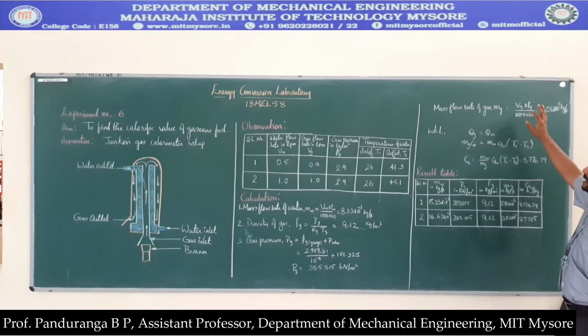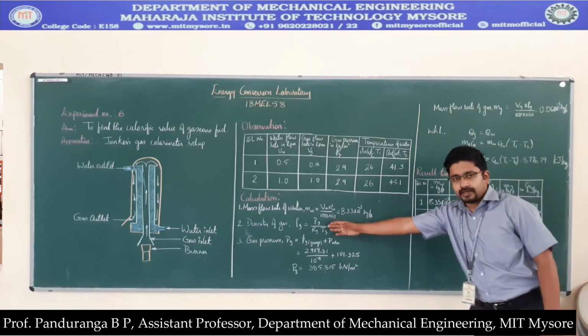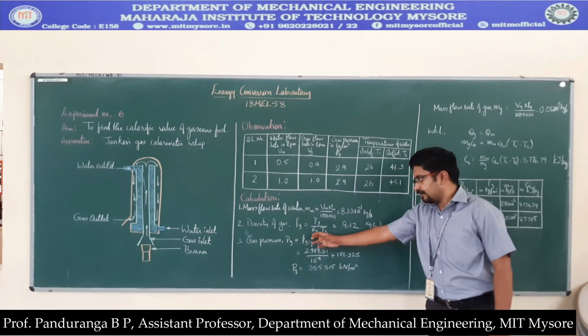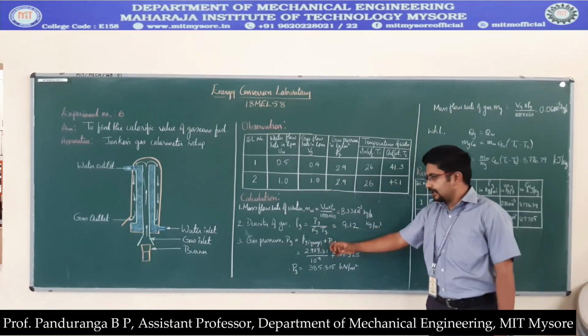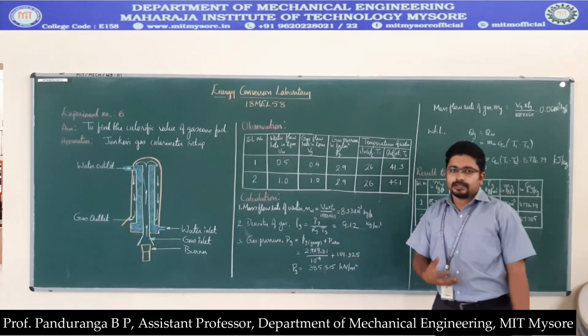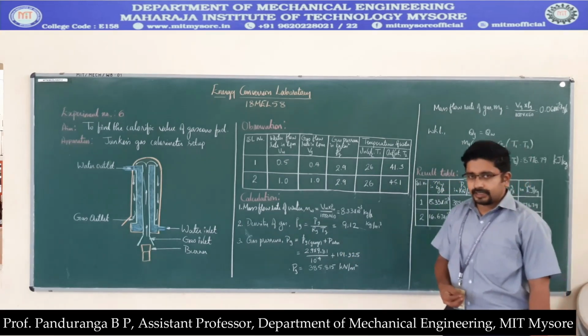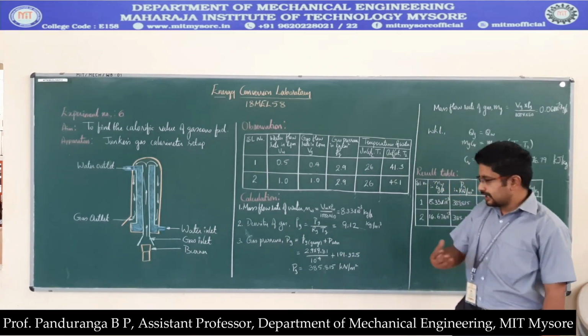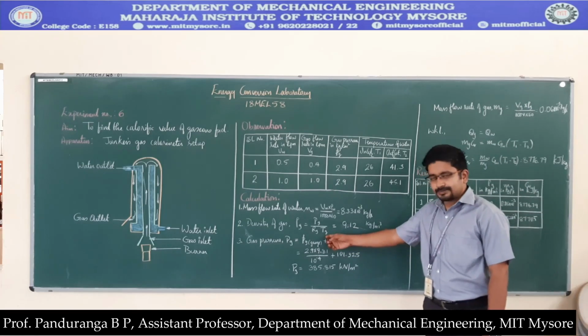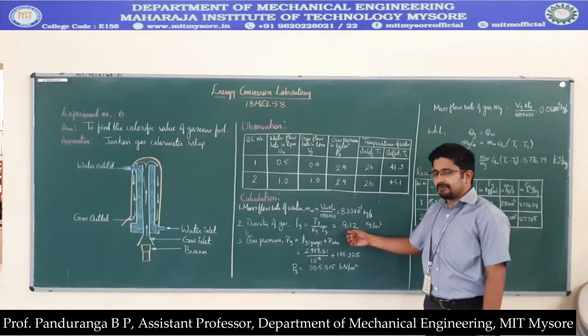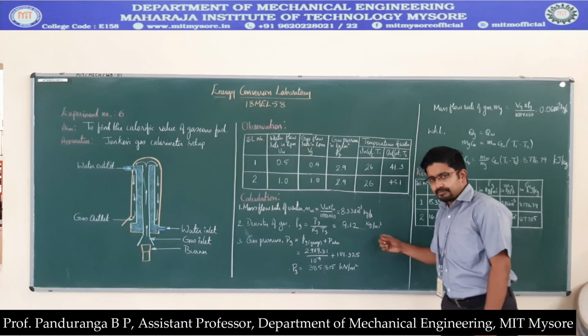multiplied by the density will give us the kg per second. So the density, when you substitute the value of P, Pg, Rg and Tg, Tg is the room temperature, which is 29 degrees Celsius now. So that is converted to Kelvin and substituted here. We get the density as 9.21 kg per meter cube.